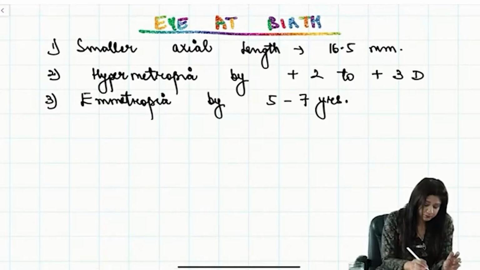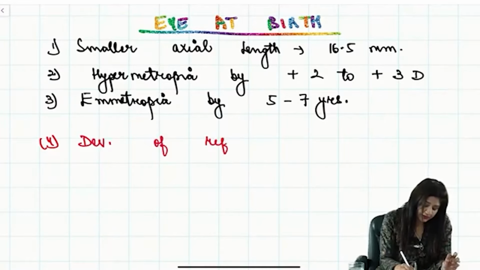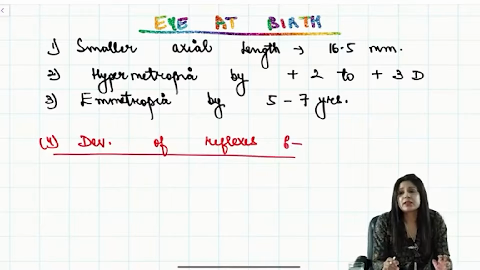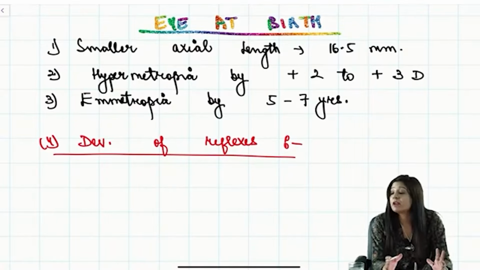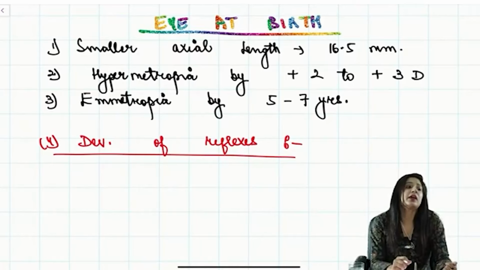Then next is the development of the reflexes. जैसे कि we have the growth and development of baby होता है, इसी तरह से we have the growth and development of eye also.